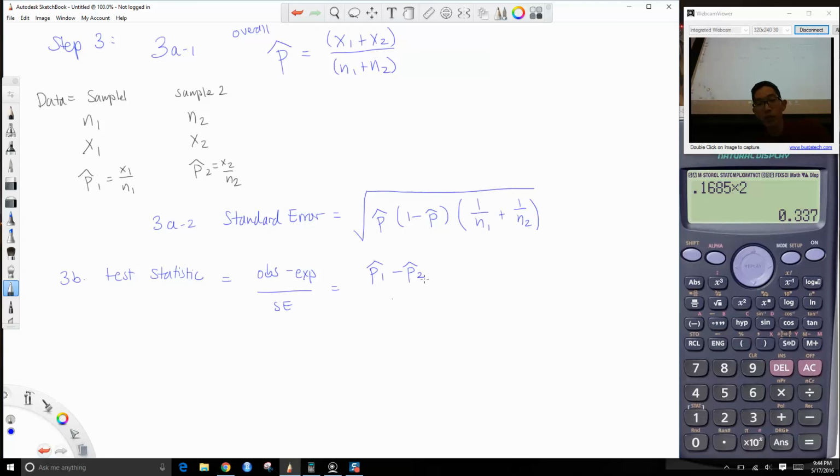Or we could say the quantity we observe is this difference, and we expect it to be 0. Either way, in the numerator we have this, and then we divide by the standard error, which is this ugly thing up here. So you get your test statistic. Then 3C, going from test statistic to p-value, is the exact same as before.